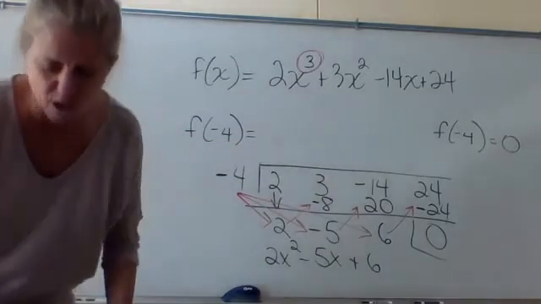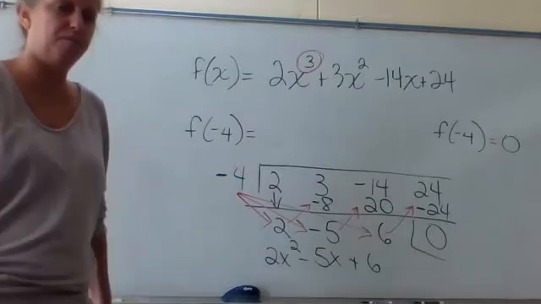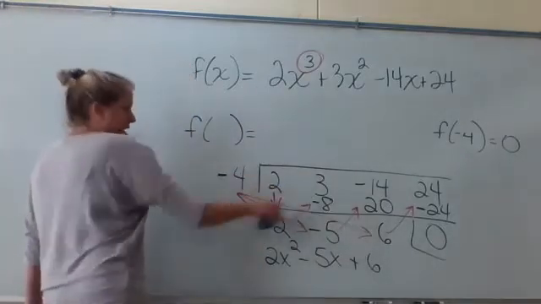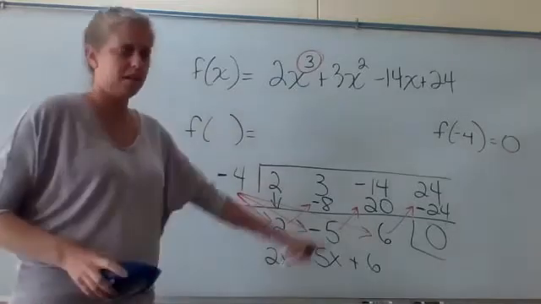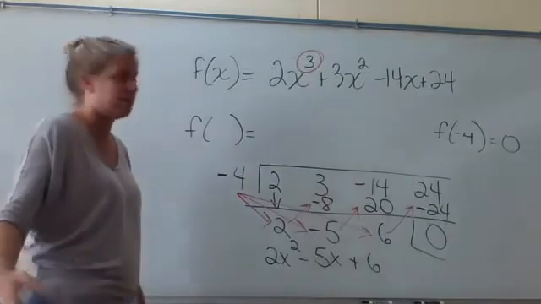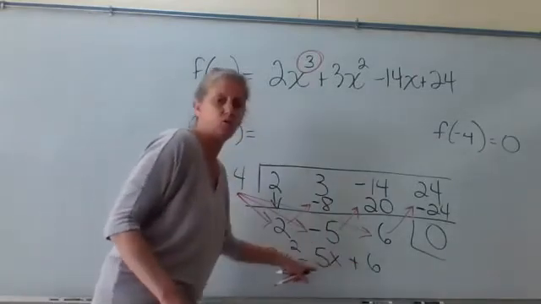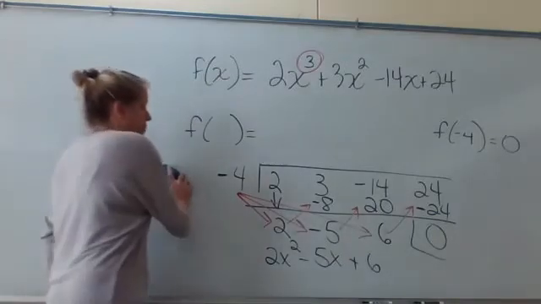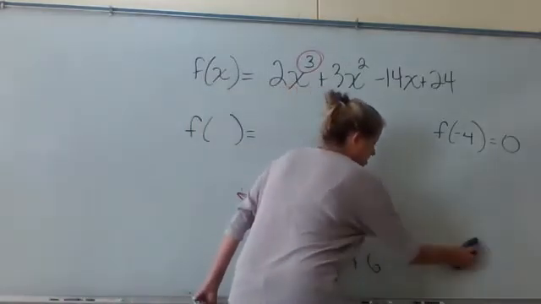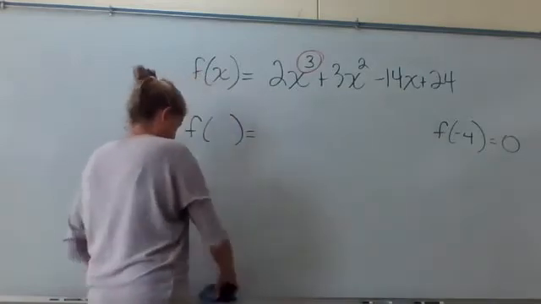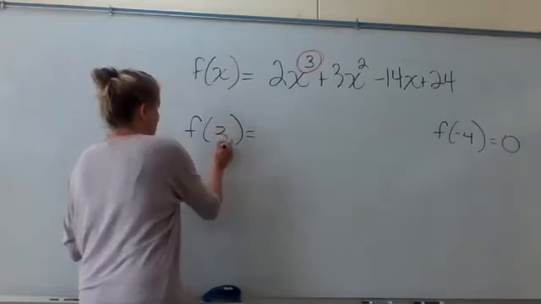So I already know on the second part of this problem, when I'm finding f of 3, my answer is not going to give me a function value of 0. It's not going to cross at 3. I would have found that by putting this in the quad. One of my answers would have been 3. But I do need to find out what it is, because it is going to ask me what the function value of 3 is. So I'm finding f of 3 now.